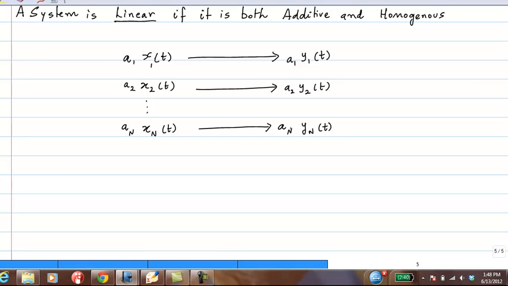Now, a consequence of the system being additive is that if I added all these input signals, then the corresponding output will be the outputs added up together. So what I mean by that is, if I considered a signal called x of t, which is summation ai xi of t.